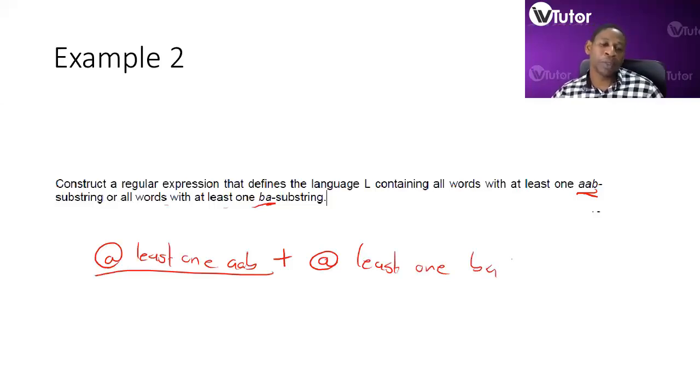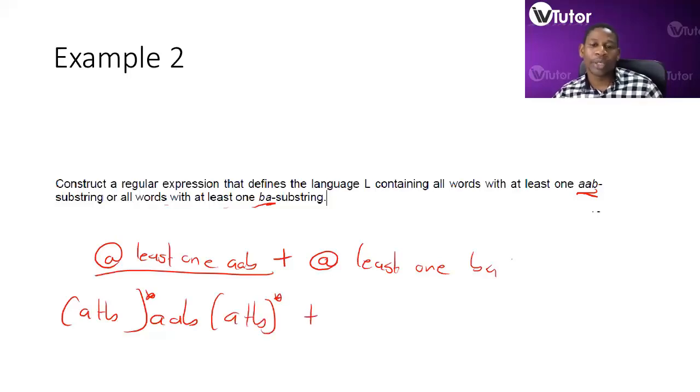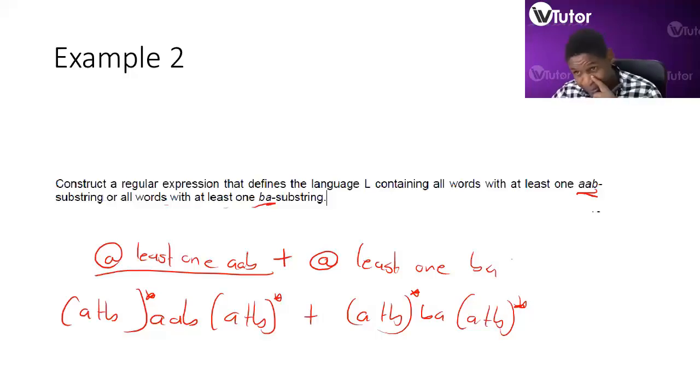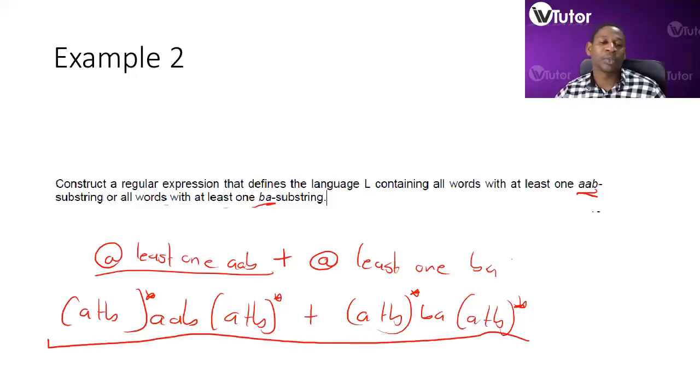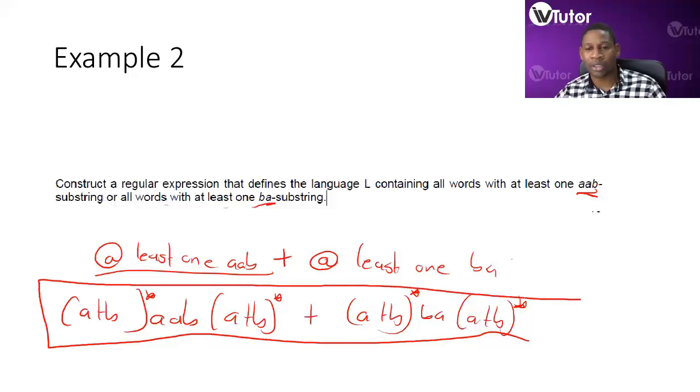If aab is mandatory, we can have anything before it, a or b, and anything after it, a or b. Or with at least one ba substring, we can have a or b, then ba, then a or b. This is now the regular expression for the given language.